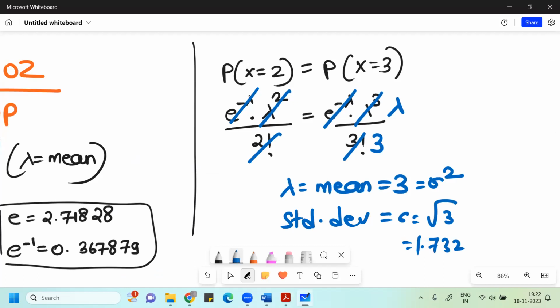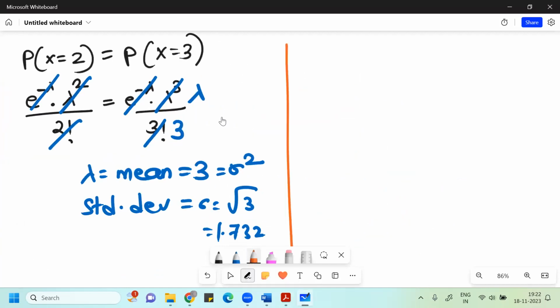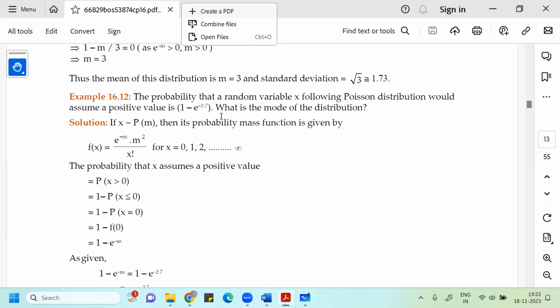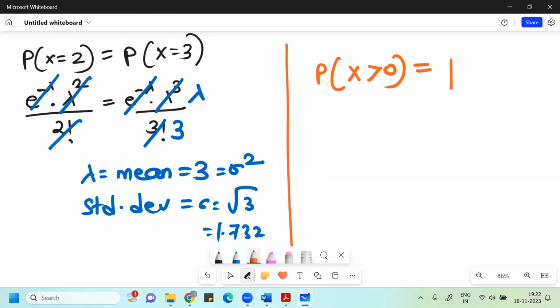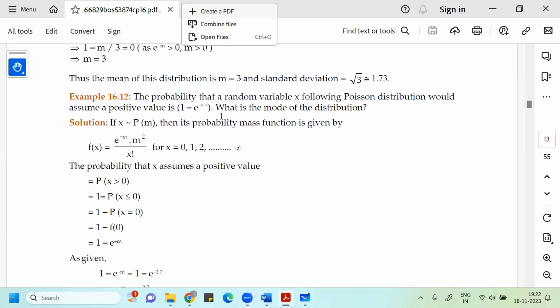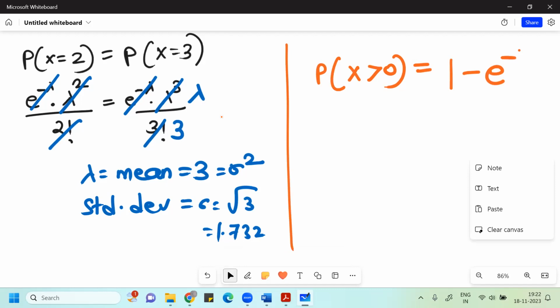Okay, so they are telling you some distribution is there, that it is following a Poisson distribution, and the probability that it assumes a positive value is 1 minus e to the power minus 2.7. Okay, this is what they've given.